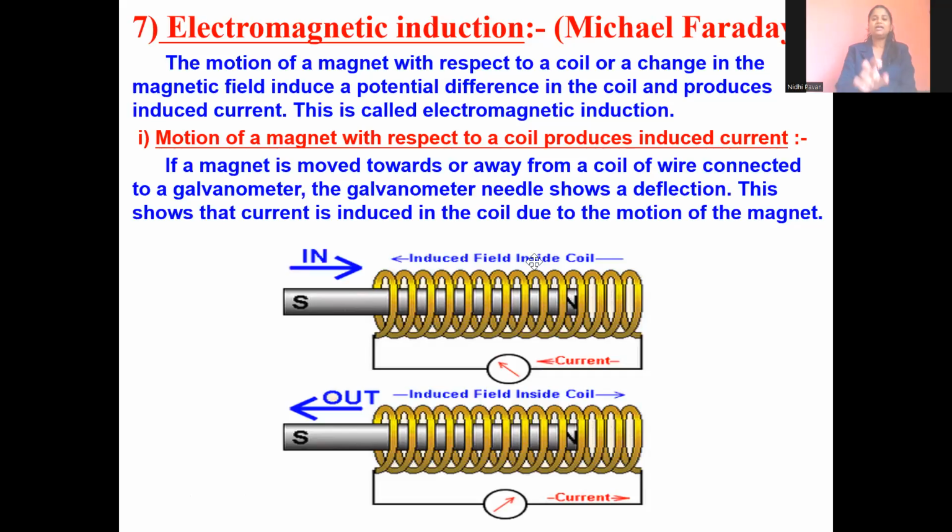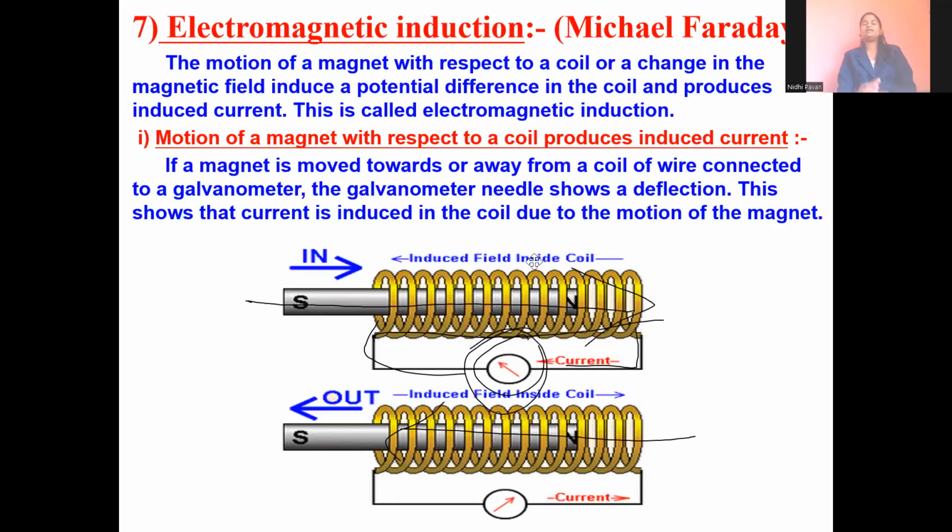So what happens? A solenoid is taken, as you can see here, and it is connected to an ammeter. The magnet is passed through the coil. When the magnet is passed, the ammeter shows a deflection. In the same way, when the magnet is passed in the reverse direction, the ammeter shows a deflection in the opposite direction.